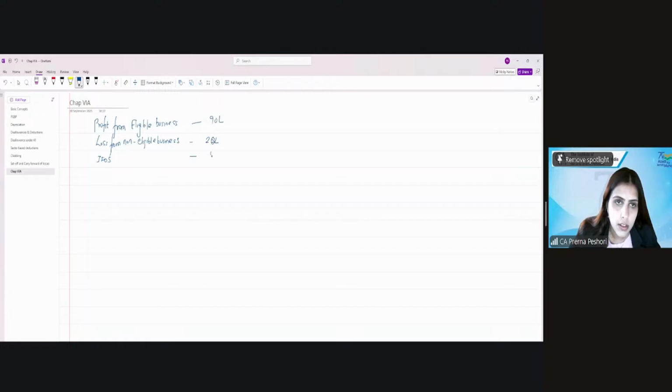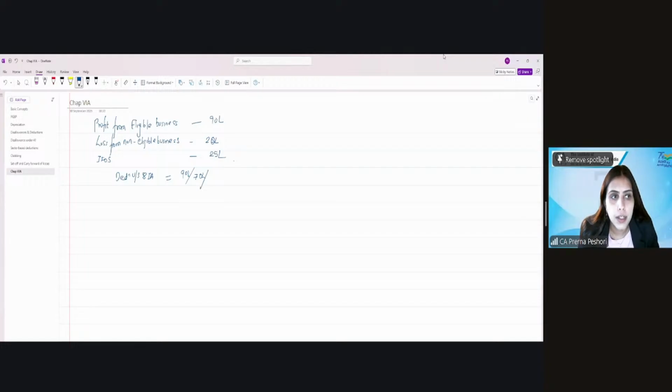So will my deduction under ATIA be 90 lakh or 70 lakh?